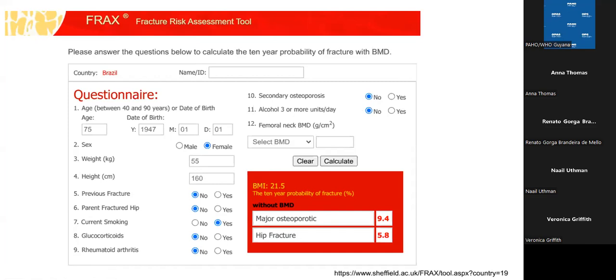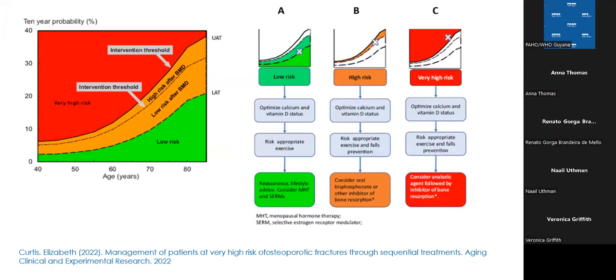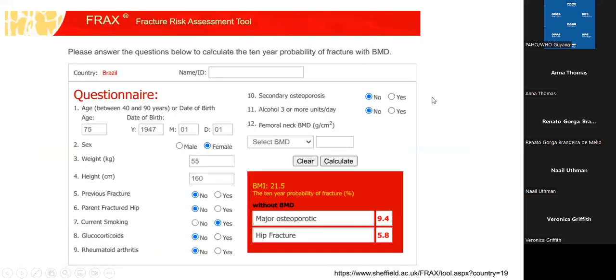Cutoff for treatment prescription based on FRAX is 3% for hip fracture and 20% for major osteoporotic fracture. So, based on the FRAX results, here is the treatment framework. Again, let me get back here.